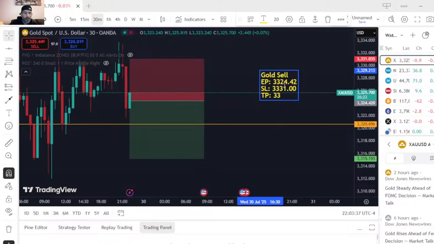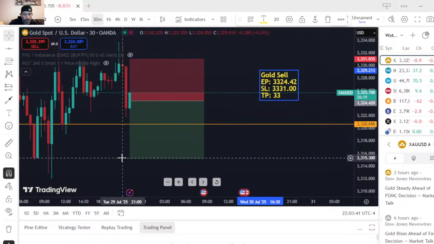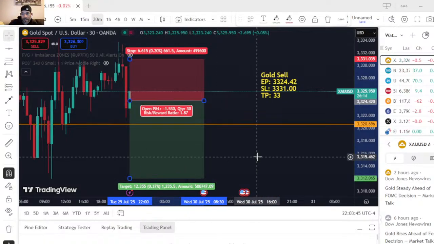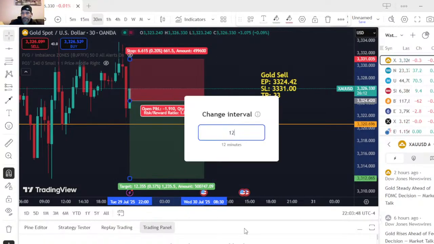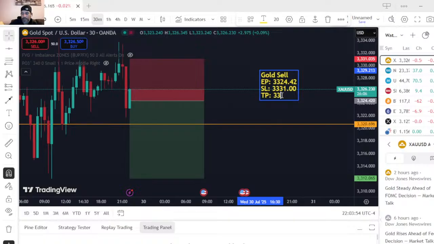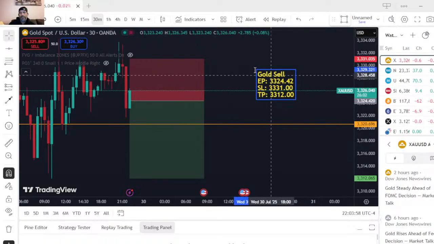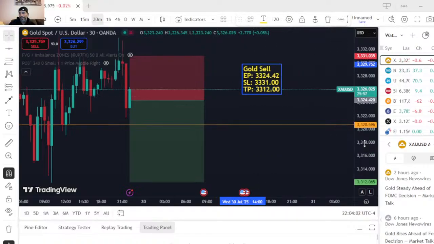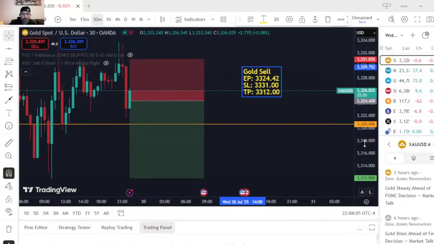We'll grab this right here, 33.12. What in the world? Okay, we're in some drawdown, about 14 to 16 pips in drawdown. No big deal.